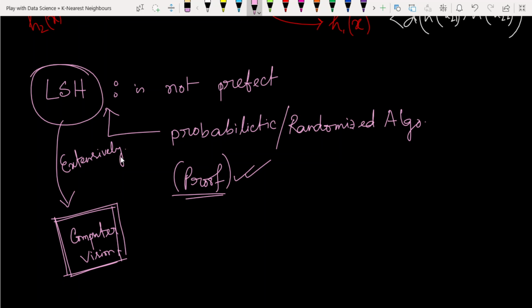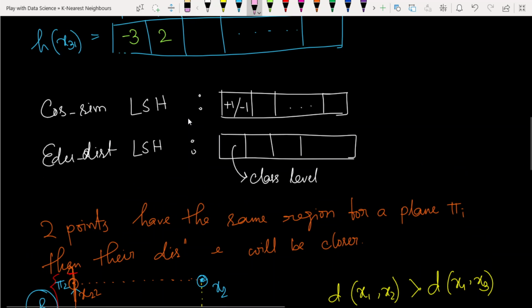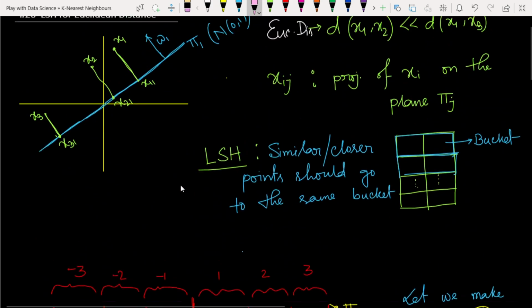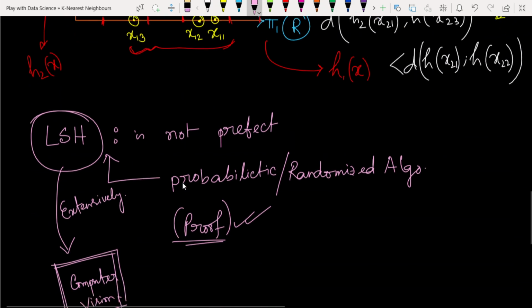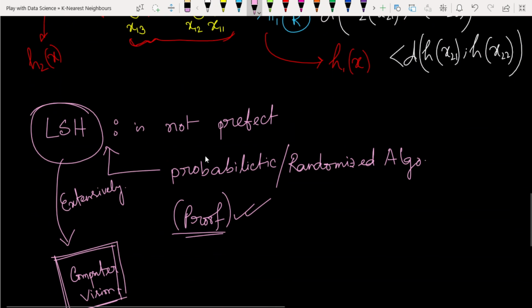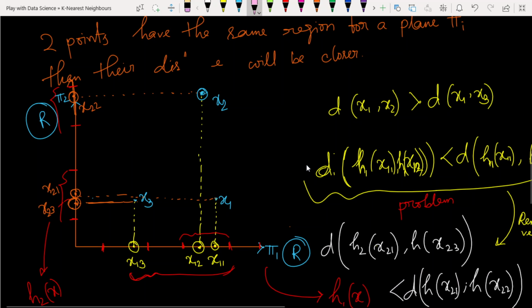But from a machine learning perspective, for handling large dimensional data sets, it's not a useful one, because of its probabilistic, randomized output. I think the main idea I wanted to give you is an idea of locality sensitive hashing, and how these things actually work in KNN.